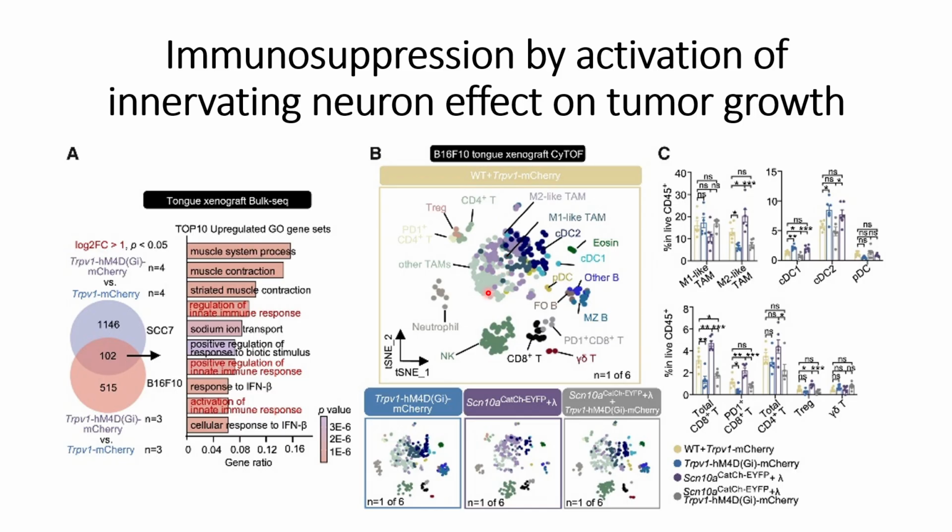First is wild type, second is the chemogenetic reagent, third is triggering immunosuppression using CatCh, which enhances calcium in the intracellular part of the cells, and fourth is adding chemogenetic inhibition to this CatCh model, where they want to see whether chemogenetic inhibition overcomes the tumor suppression promoted by CatCh.